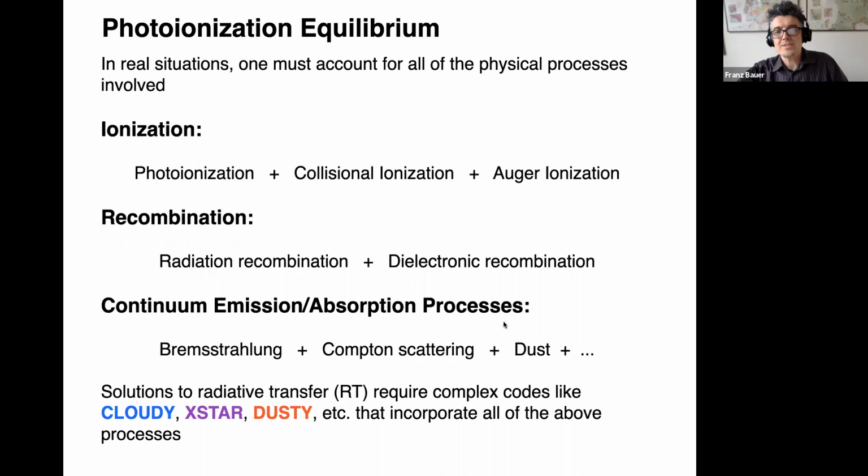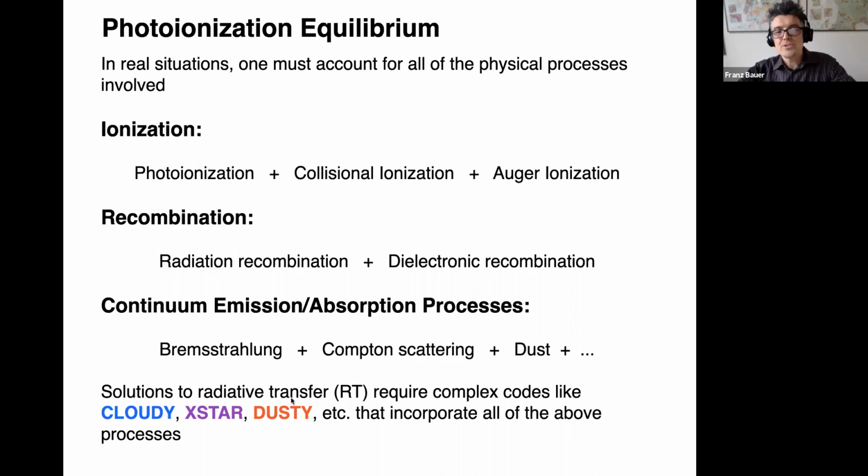And then you can factor in continuum processes, right, which are going to take away energy from the electrons. So you might have Bremsstrahlung, which will take away energy from the electrons and lead to a photon field. You might have Compton scattering, which has some exchange of electron energy and photon energy. You have dust, which might absorb stuff. So it gets complicated very quickly.